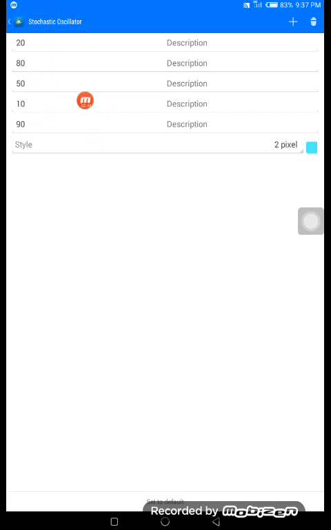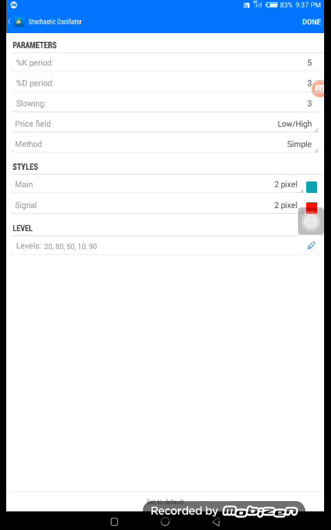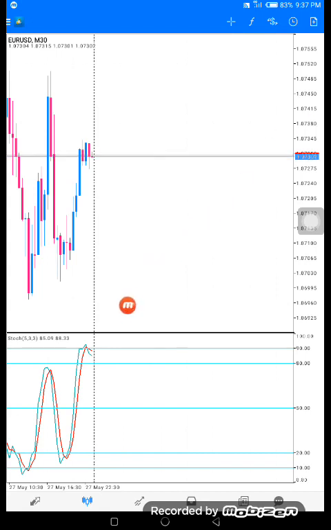I think you have to add the rest. So you click this plus sign, add the rest. If the ones you add are too much, you can click this bin symbol and then delete the excess. When you're done, you go back, and then you click done, and then you see our stochastic is in place now.